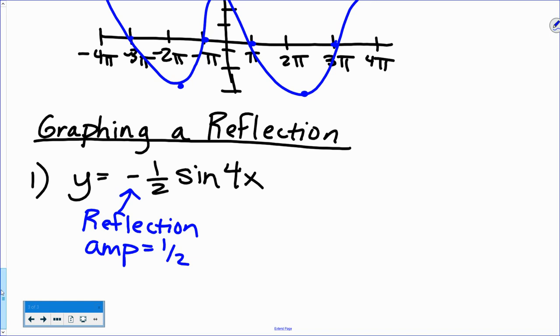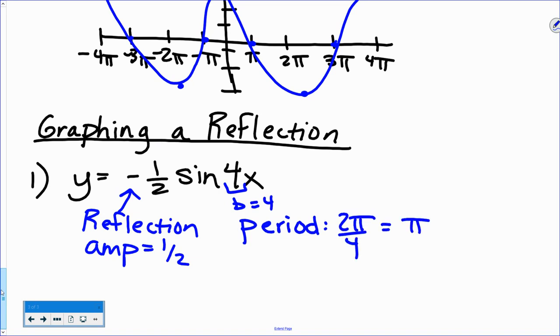So when you're asked what is the amplitude in this problem, and you type in negative 1/2, Math Excel will mark it wrong. That's a very common error I see when people turn in paper tests and quizzes, so I just want to make that clear. My b is 4, so I need to change the period for this graph. Take 2 pi and divide by 4.